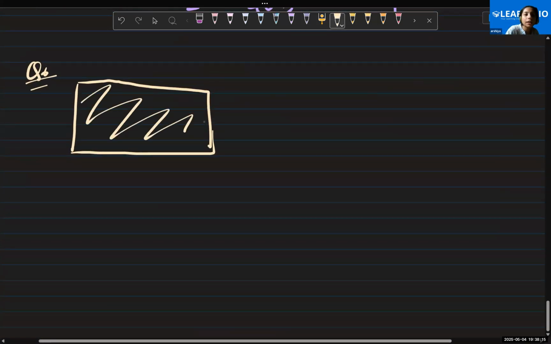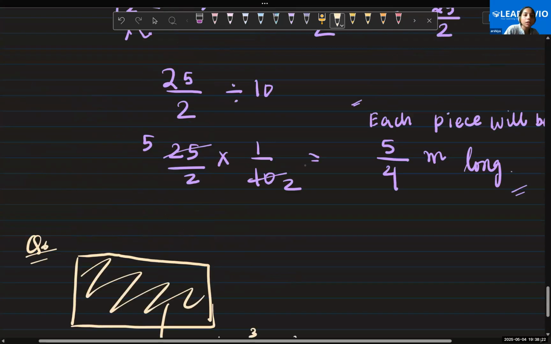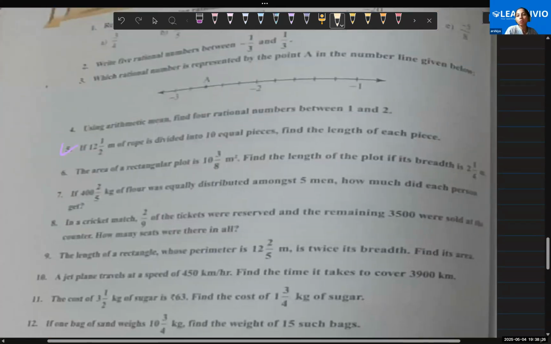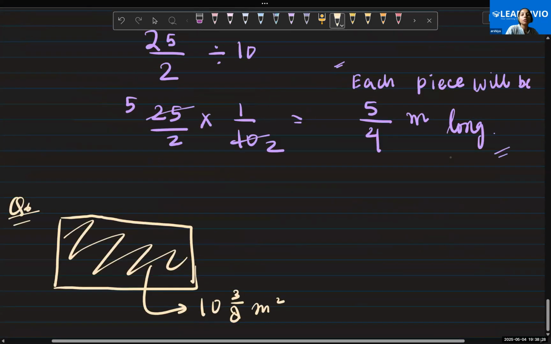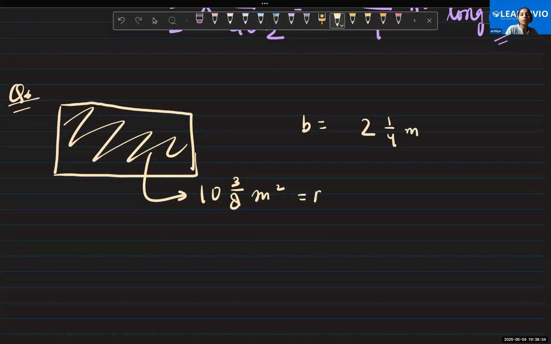So the whole area is 10 3 by 8 meters square. Now they're saying that find the length of the plot if the breadth is 2 1 by 4 meters. Area is this much. You have to find the length.